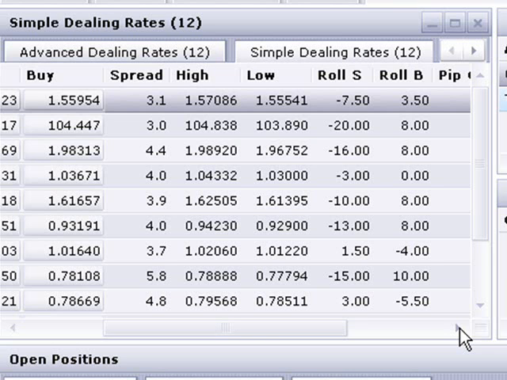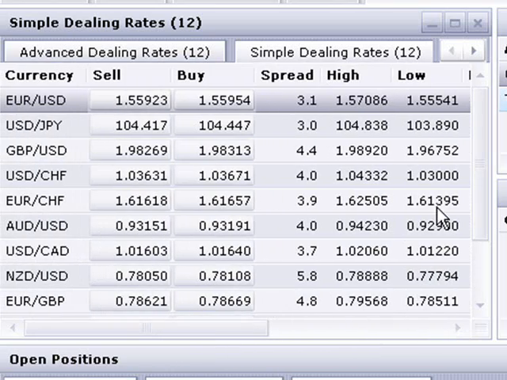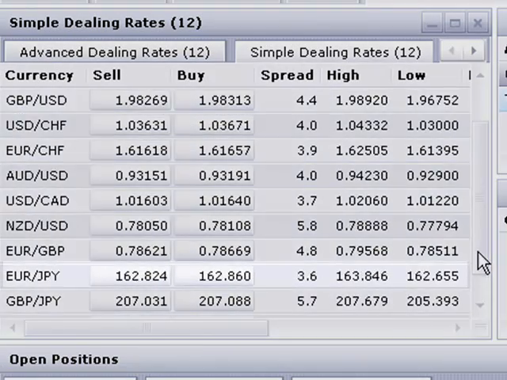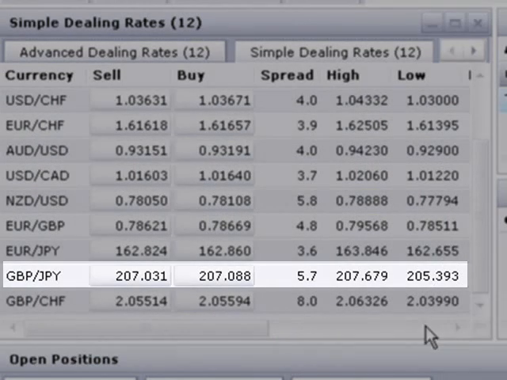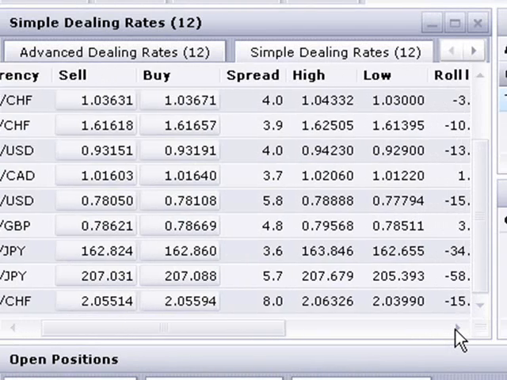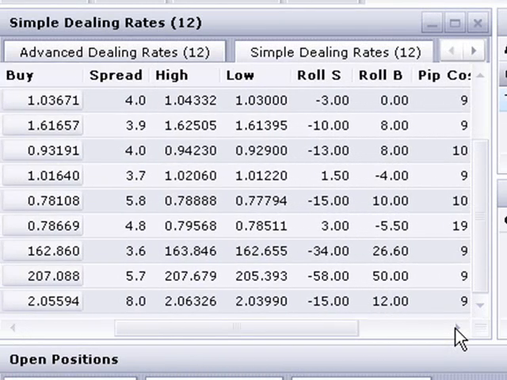As a quick example, let's say I want to know the amount of interest that I will either pay or receive if I buy 2 contracts of pound yen and hold that position past 5 p.m. New York time. To find this out, I would simply scroll down, find pound yen in the dealing rates window, and scroll over to the Roll S and Roll B columns.